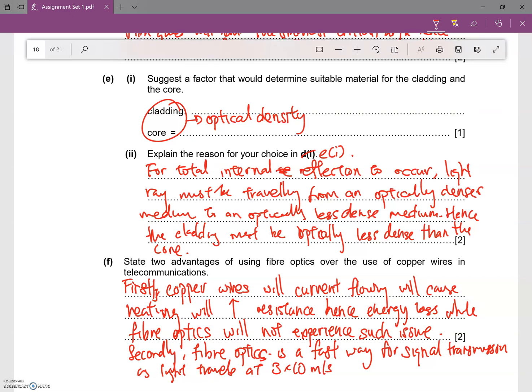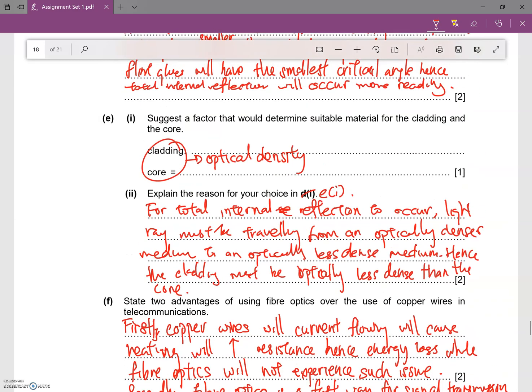Hence signals will be faster than in copper wire. Okay, so this will mark the end of question 12.